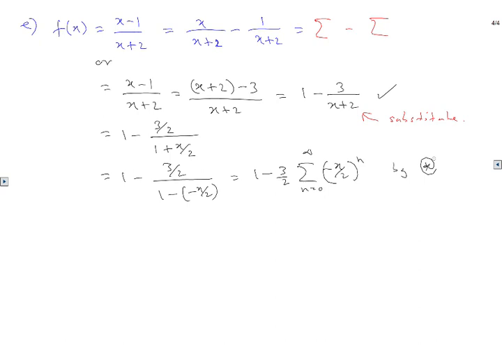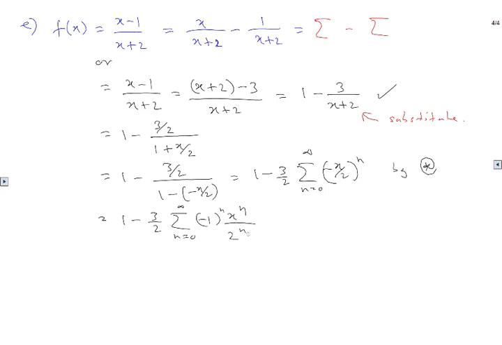And then we can expand as before. So it is 1 minus 3 halves sigma, and this is very similar to the previous problem. I'm just writing everything because this is what you need to do in a general problem. So x to the n over 2 to the n.